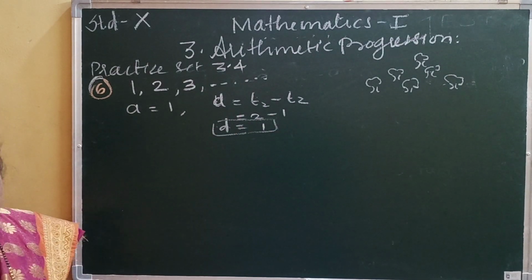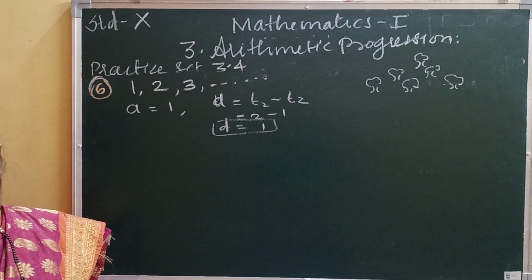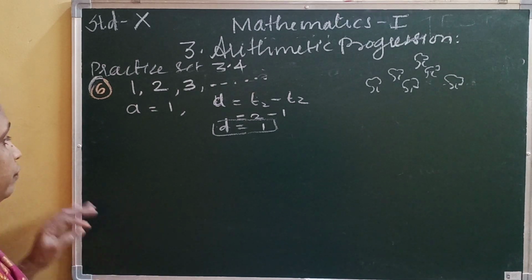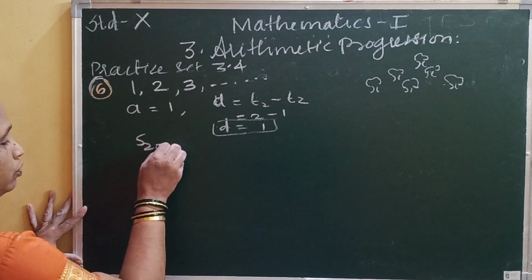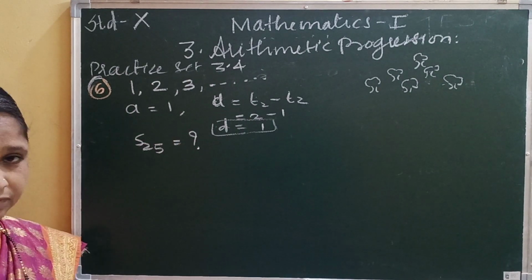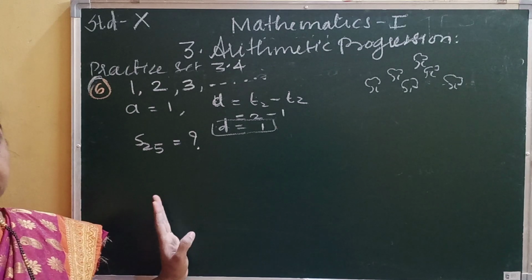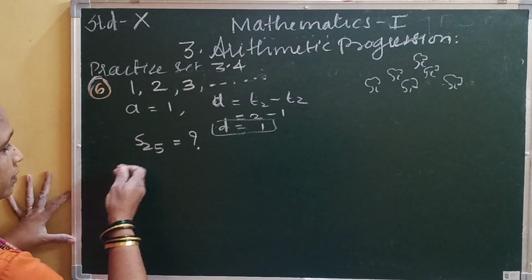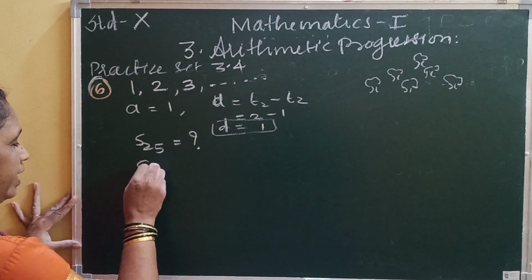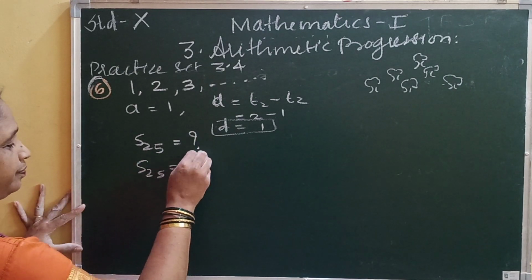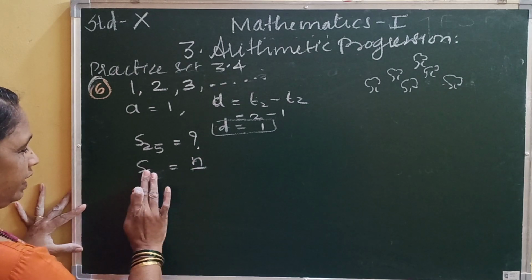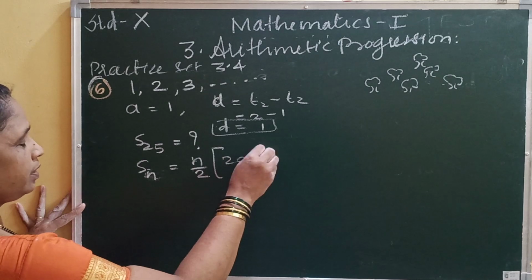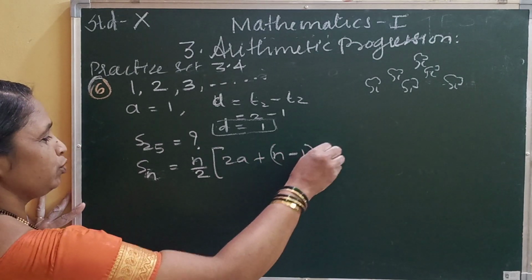Now next they said, find the total number of trees in 25 rows. Means we have to find the sum of 25 rows, S25. Yes, we got all the terms now. First write the Sn formula: n upon 2 bracket 2a plus n minus 1 into d.